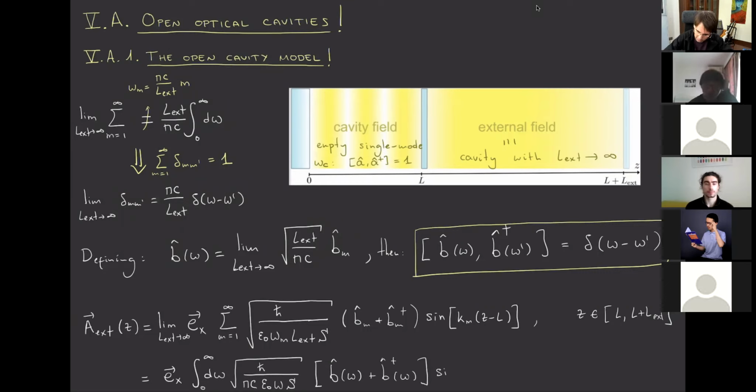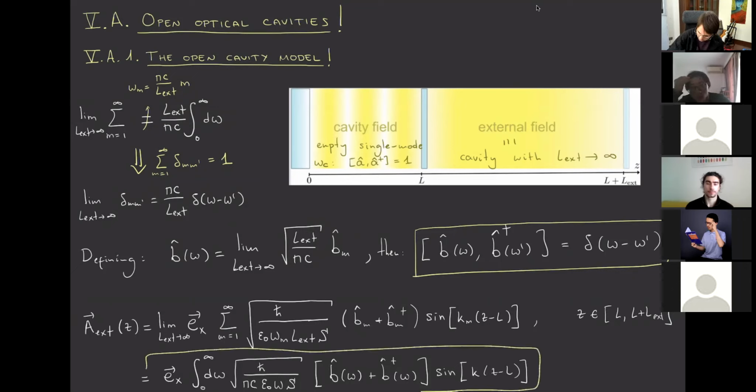And then we have finally the mode profile in space. Okay, so this thing in here is our quantized field, and in particular you see that it takes the form of a continuous one-dimensional, because we are in the 1D approximation, quantized field.